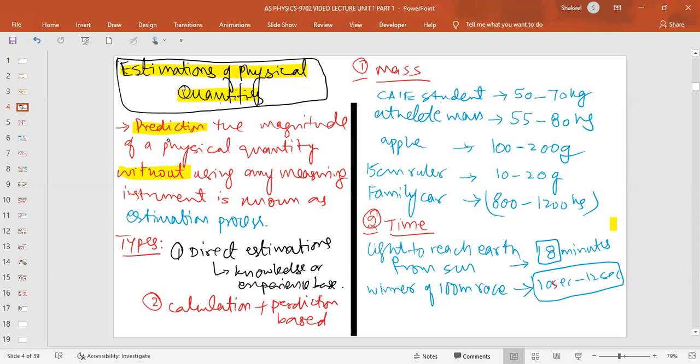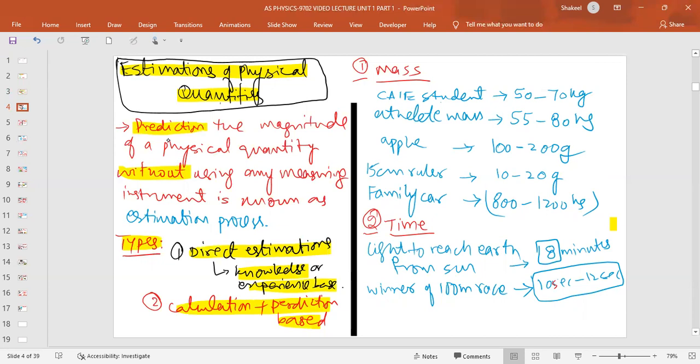Okay, so there are 2 types of such estimation. The first one is direct estimation, which depends upon your knowledge or experience. And second is calculation plus prediction based, like you'll be predicting some values and you'll be using them in a formula to calculate the value. So let's talk about some of the estimations.